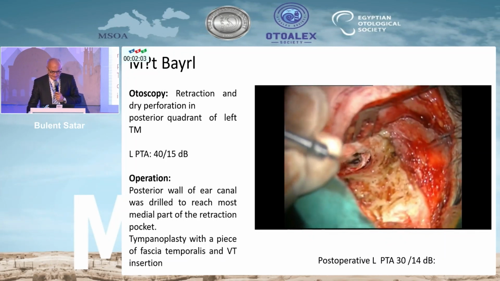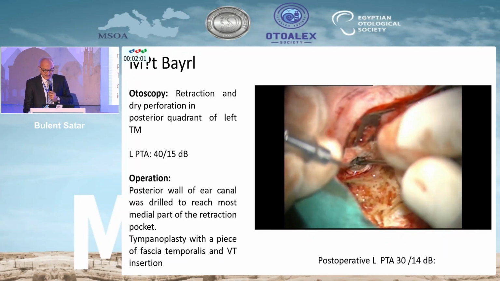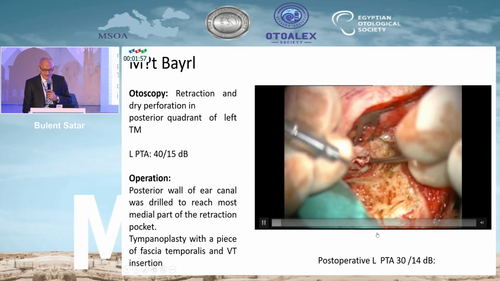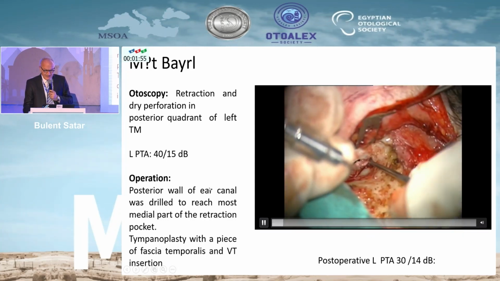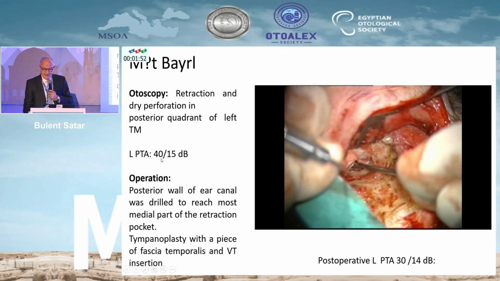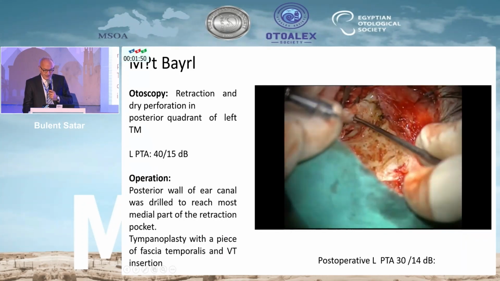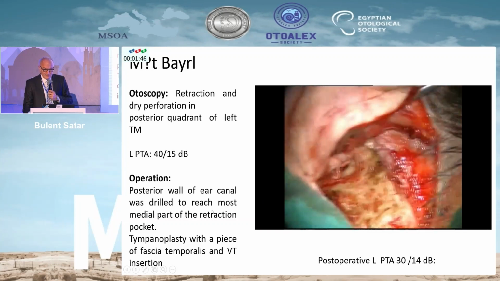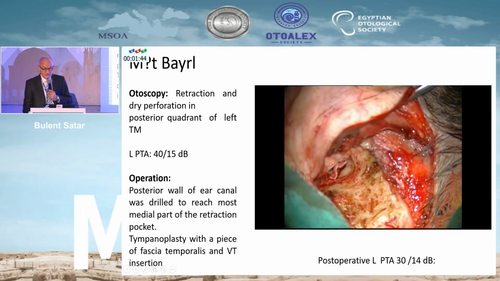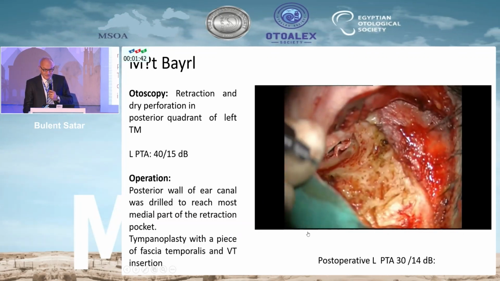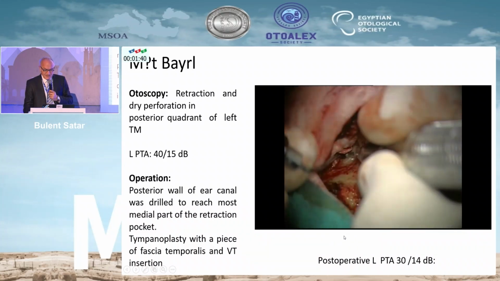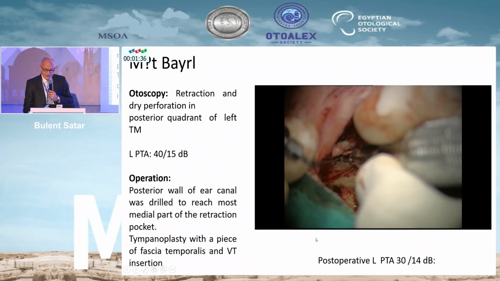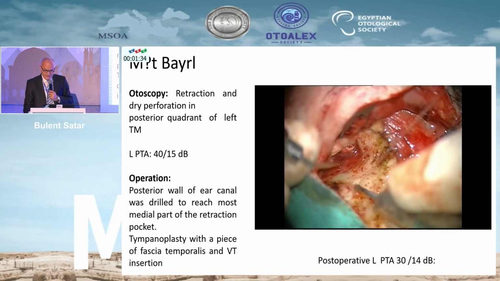This case had a retraction and dry perforation in the posterior quadrant of the left tympanic membrane, and he had conductive hearing loss. In the operation, the posterior wall of the ear canal was removed to reach the medial-most part of the retraction pocket, and tympanoplasty with a piece of fascia and ventilation tube insertion was performed.